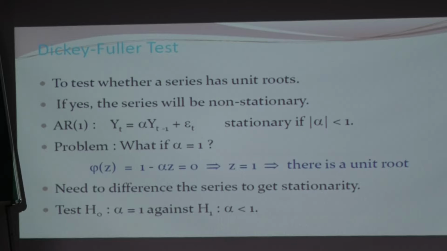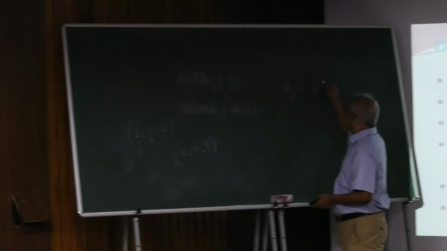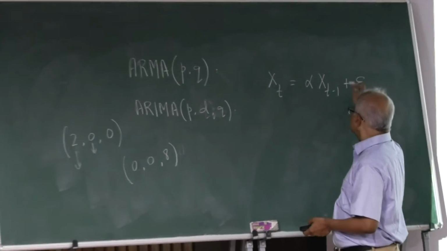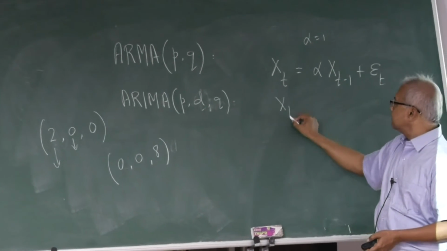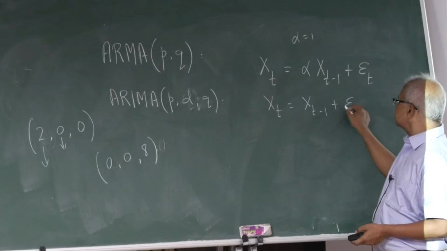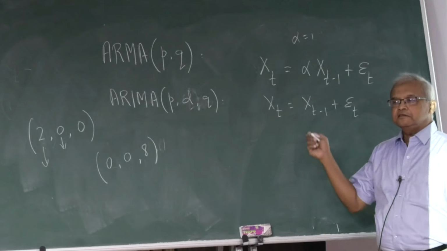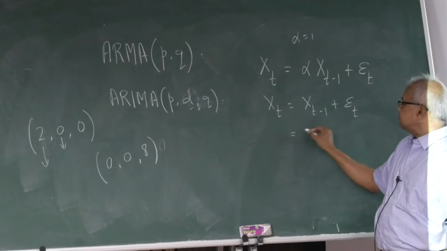x_t is AR(1) and alpha is equal to 1, so I can write this as x_t is x_{t-1} plus epsilon_t, right?